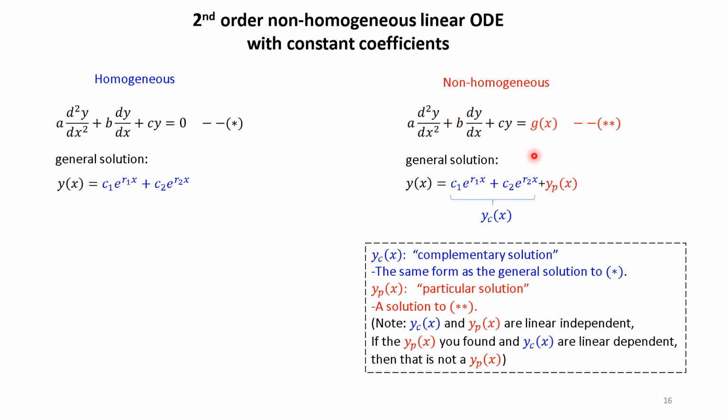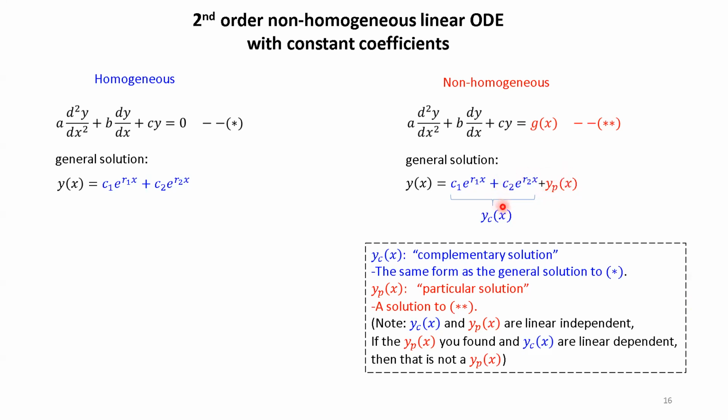However, I still have one more term. This is known as the particular solution. This particular solution really is a solution of this whole equation. Now you need to be careful about the difference between this YC and YP.